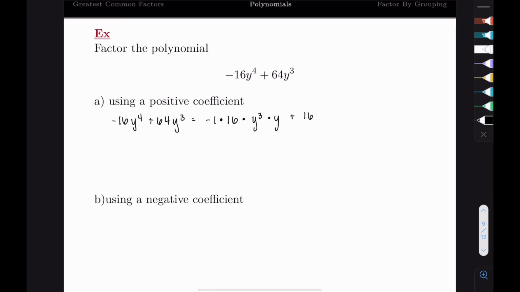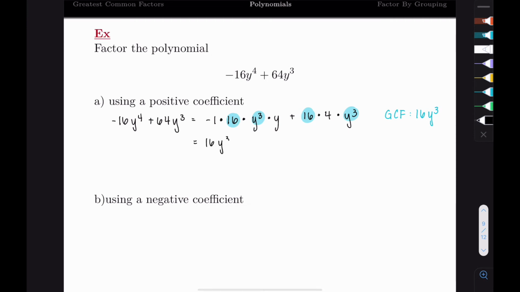And the second piece, 64, we can write as 16 times 4 with that y to the 3rd attached. So we can take out a 16 and we can take out a y cubed. So this is our greatest common factor. And we want it to be positive, and it is because it is a positive 16.